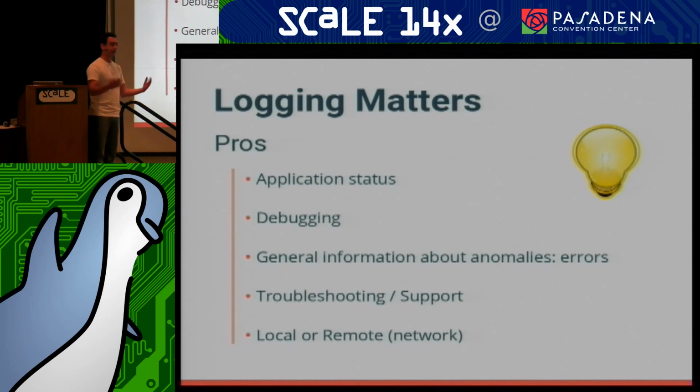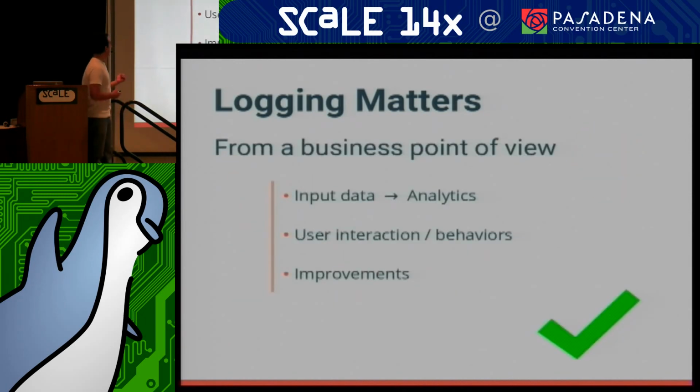When things start scaling, in the end it's mostly remote. But from a business point of view, logging is important because it helps you take better decisions, right? Sometimes maybe your application is not working well for you as a developer, for you as a DevOps, but from a business perspective, that could be affecting customers. So things get serious. Logging is not something optional. Nowadays, logging is a must.